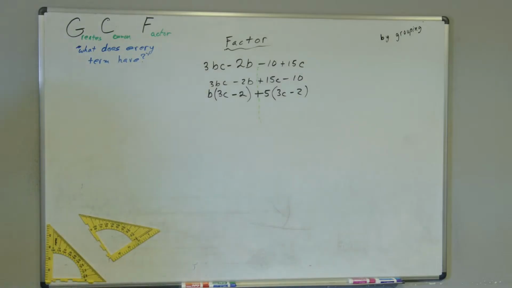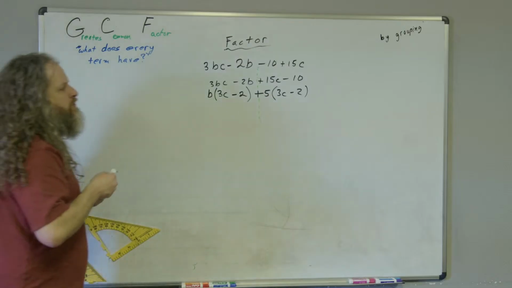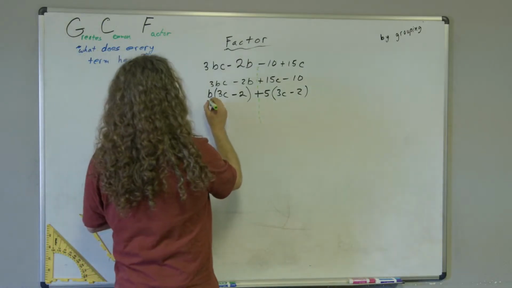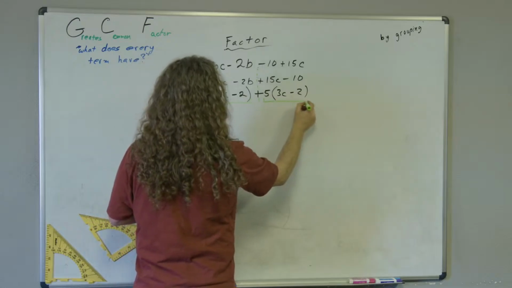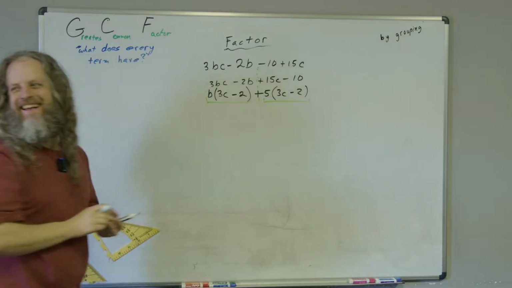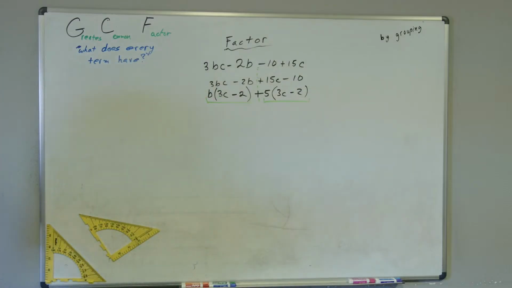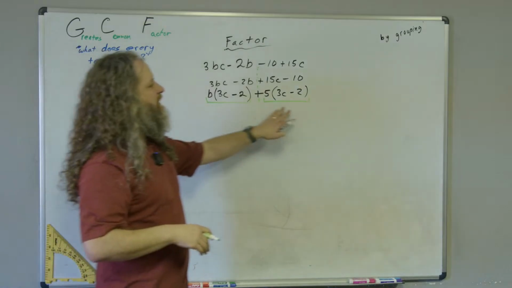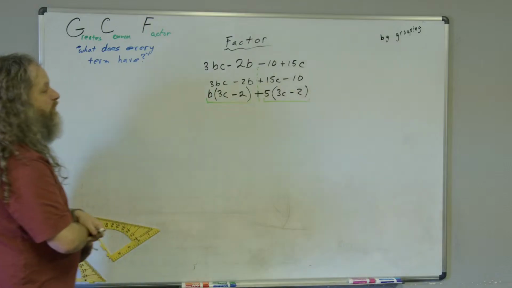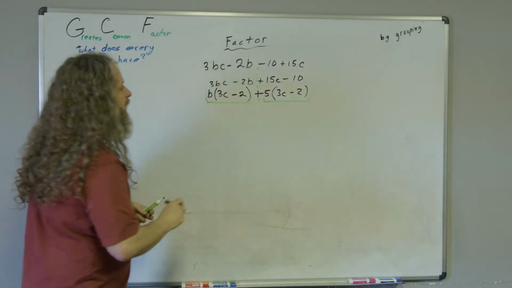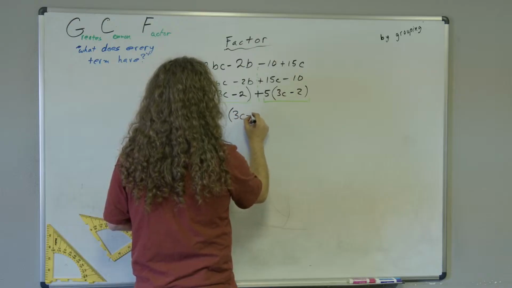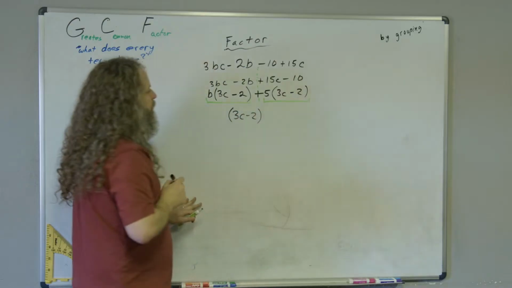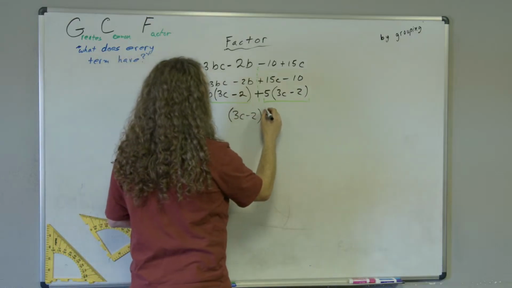So now we have 2 terms that have something in common. If you distribute, you're going to go right back to this way. What's in common between these two? 3c minus 2. So we can pull out a 3c minus 2. When I pull a 3c minus 2 out of this first one, what's left?